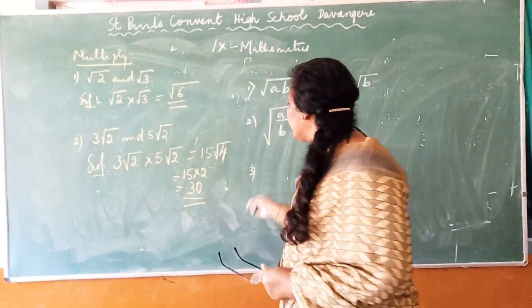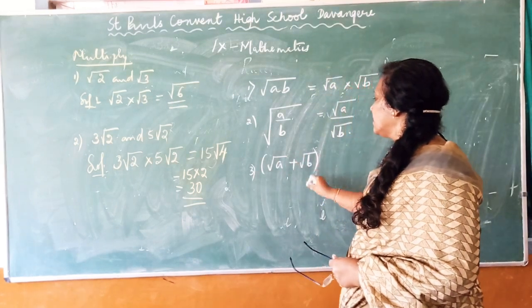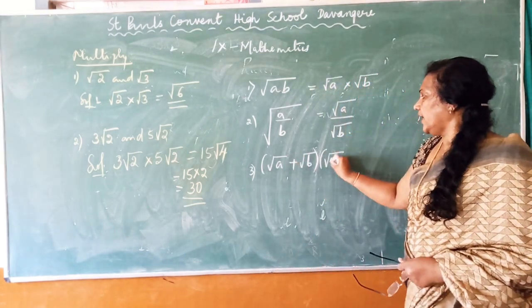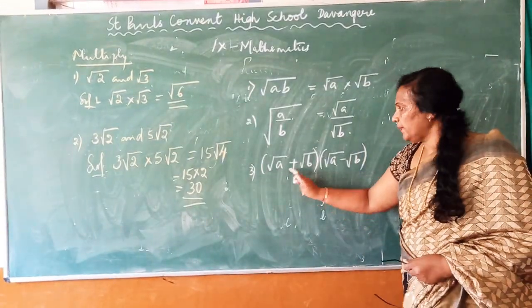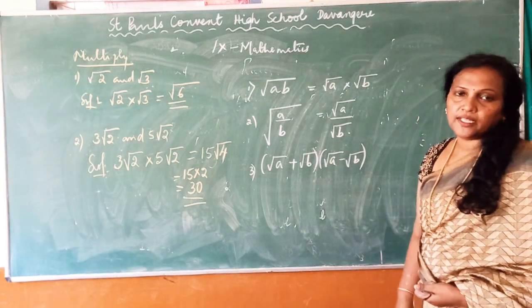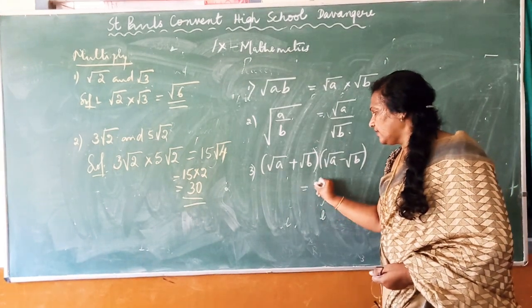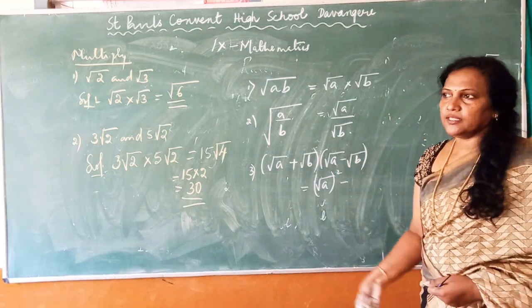And third identity, what's the third identity he has given? There is root A plus root B into root A minus root B. You know this is of the form (A + B)(A - B). What is (A + B)(A - B)? It is A squared minus B squared, meaning root A whole square minus root B whole square.